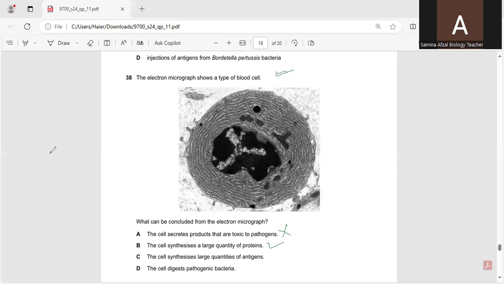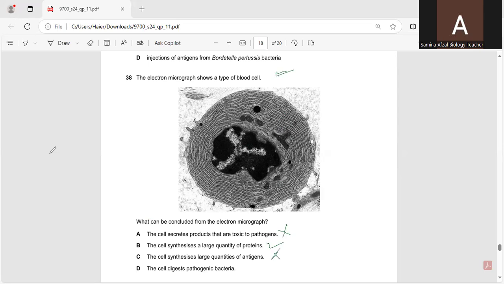Yes, you can see over here, endoplasmic reticulum. They are very great in number. They have covered most of the cell. So it means there is synthesis of a large quantity of protein inside the cell. The cell synthesizes large quantities of antigen.